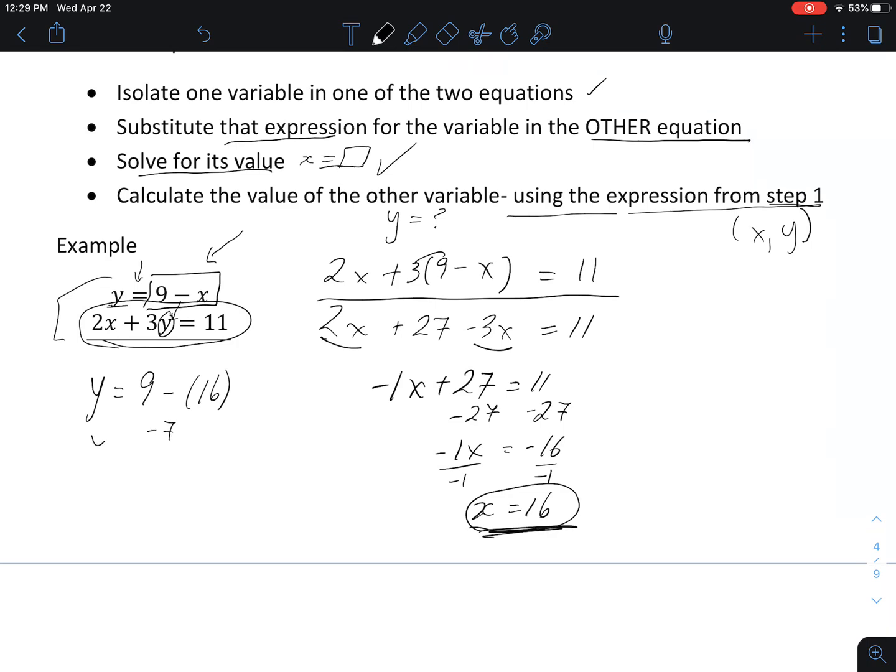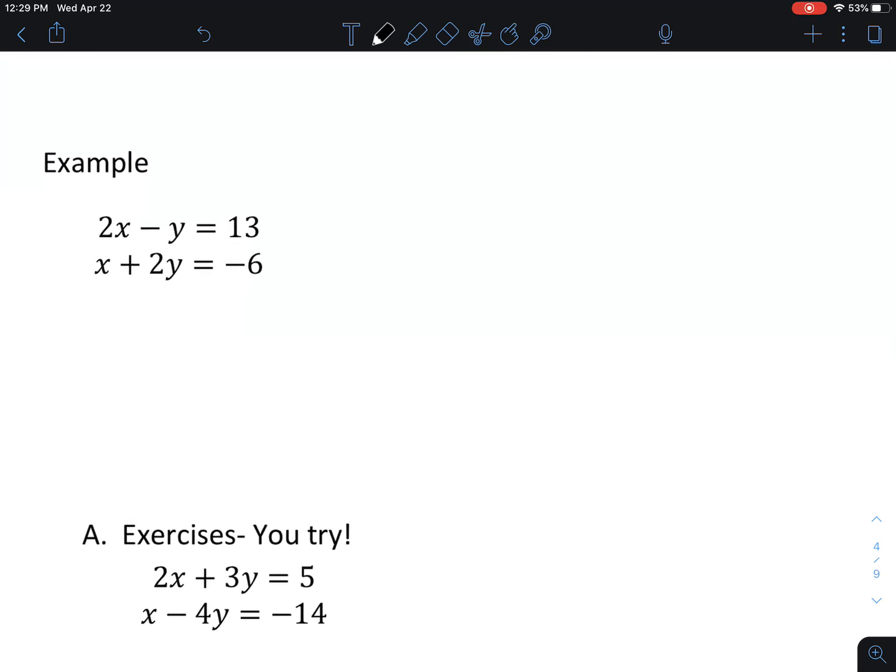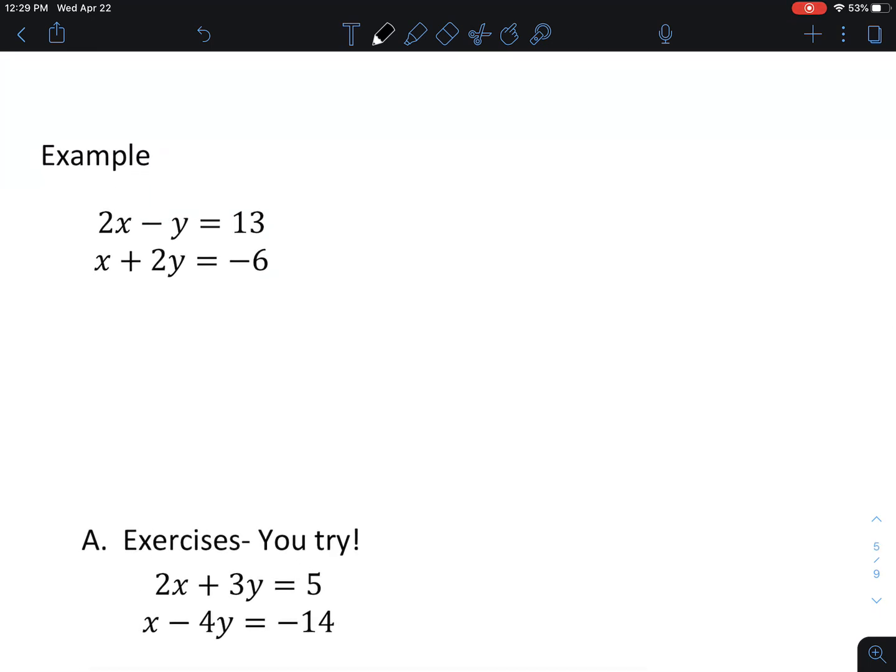It's 9 minus x, and I know that x is 16. So 9 take away 16 is negative 7. y is negative 7. The solution is x comma y.